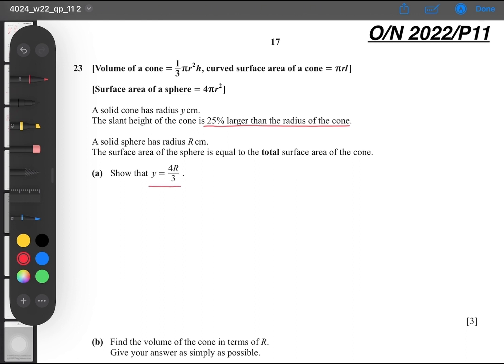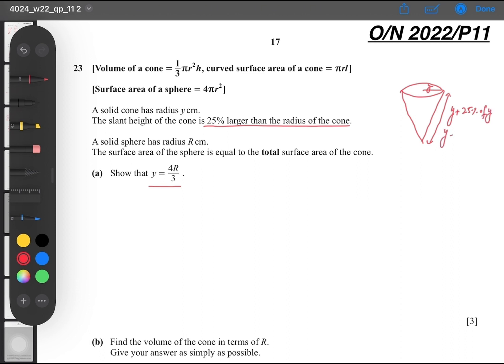So if you see the cone, this is the cone, and the radius of the cone is y, and the slant height of the cone is y plus 25% of y, 25% larger.